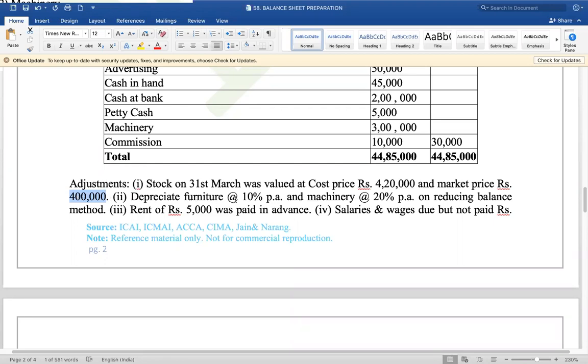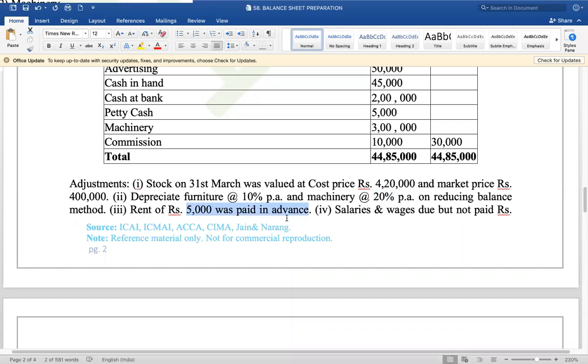Depreciate furniture 10% and machinery 20% per annum on the reducing balance method. Rent of 5,000 was paid in advance. Prepaid rent is an asset.